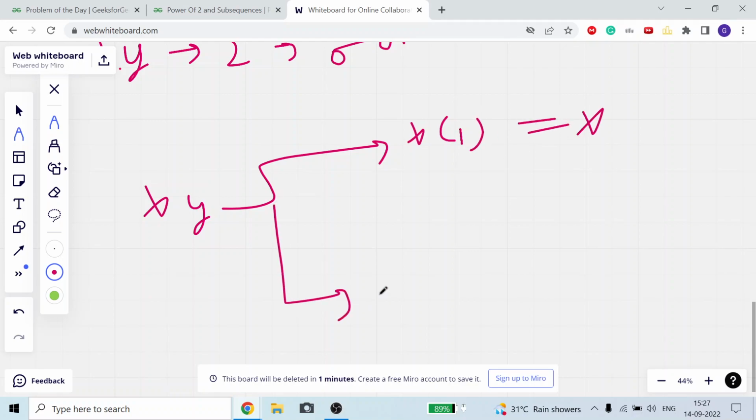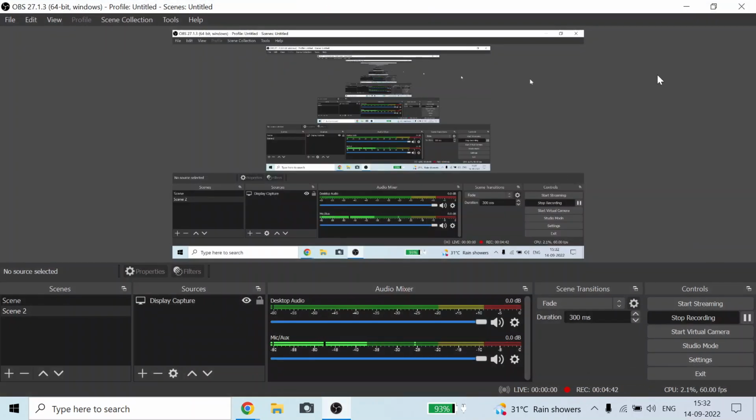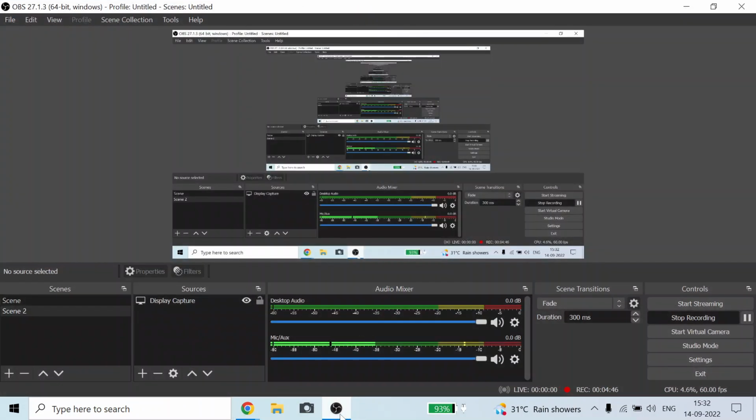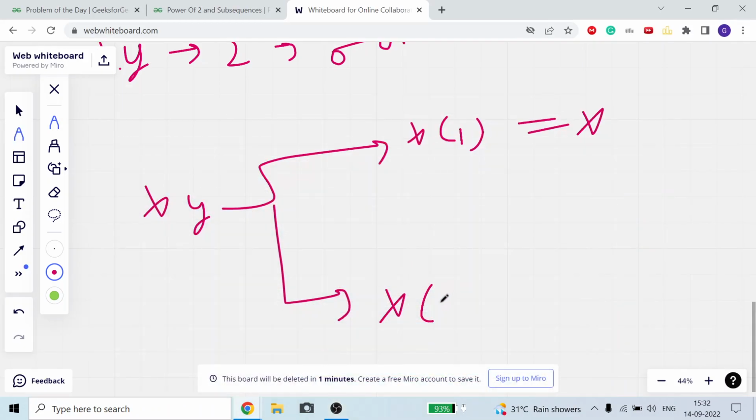And the maximum is if y is equal to 10 raised to the power 9, it will be 10 raised to the power 9 times x.